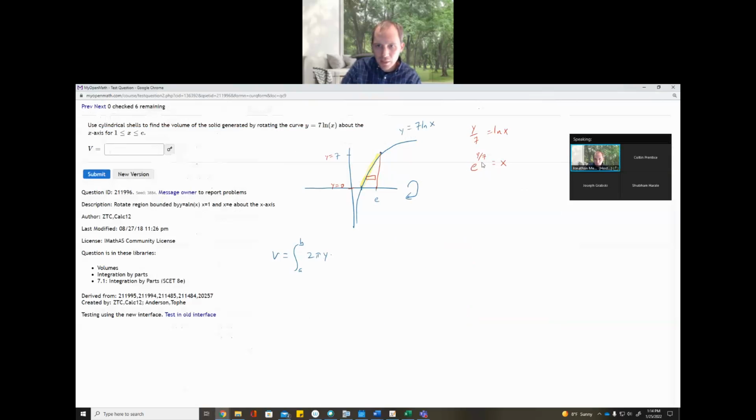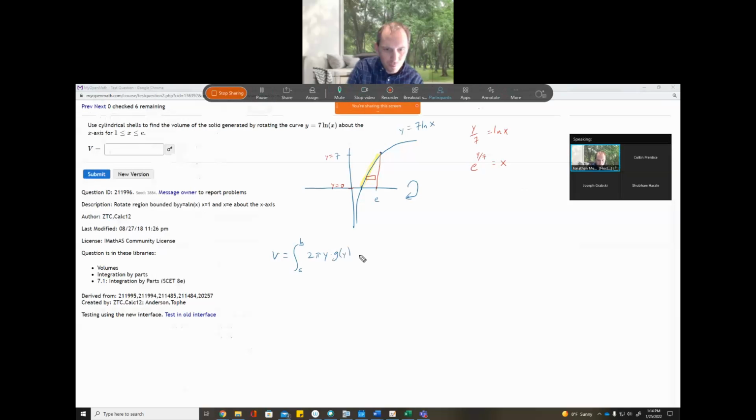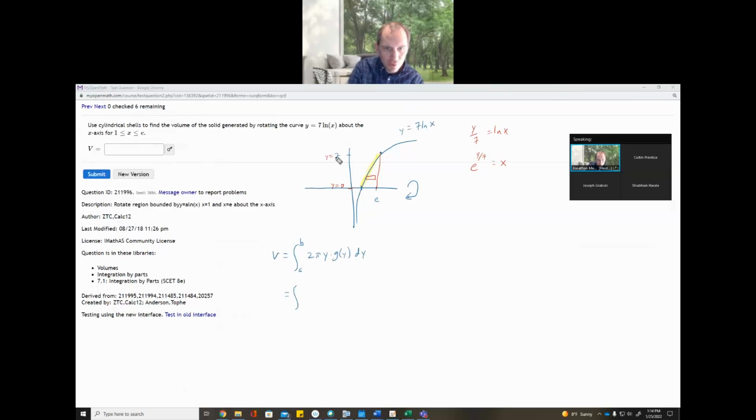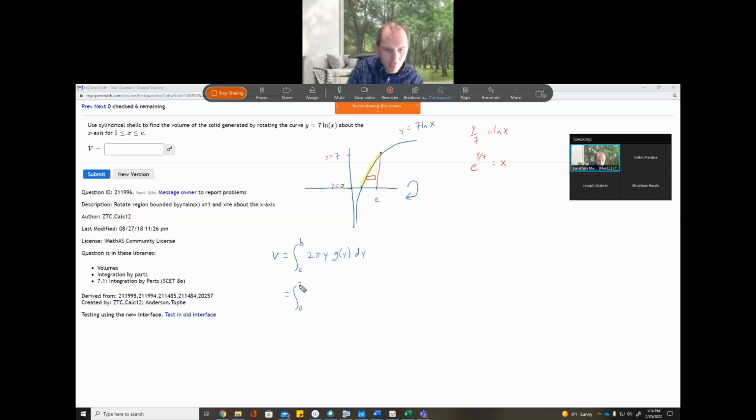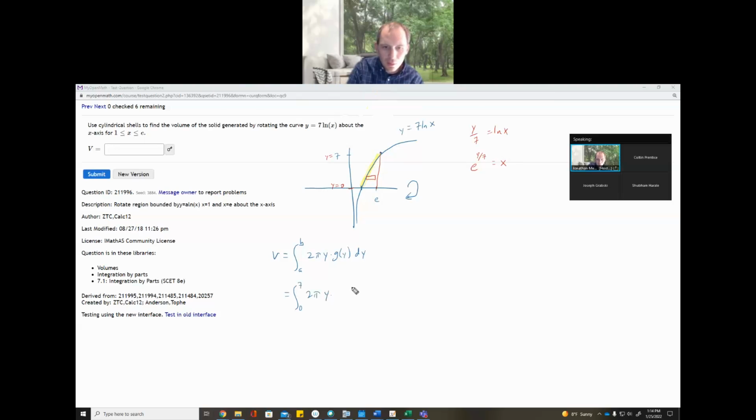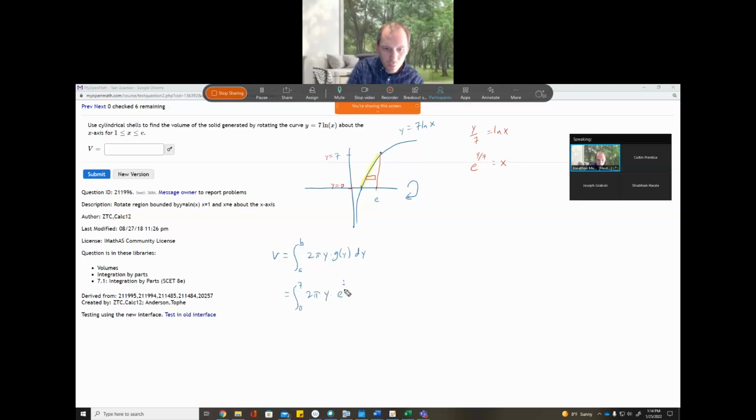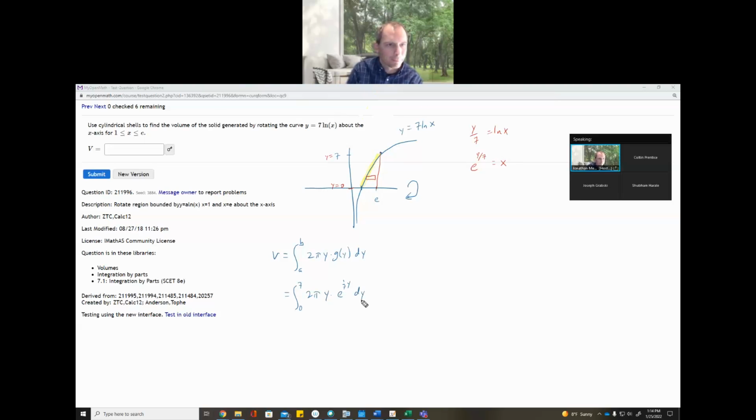So I want this e to the y over 7. We said our y values start at 0 and go up to 7. And I have e to the 1/7 y dy.